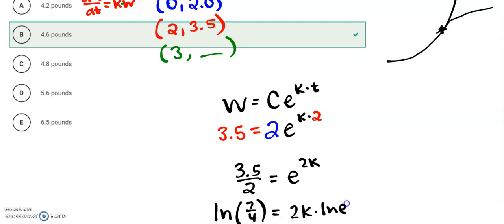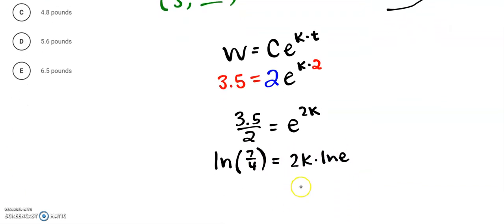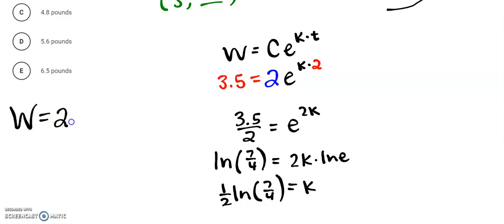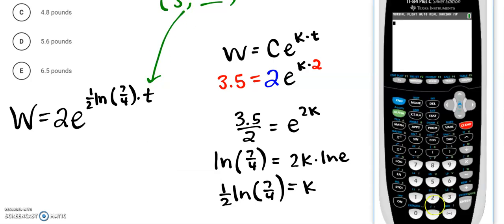2k times the natural log of e, which means that k is going to be equal to 1/2 the natural log of 7/4. So when I go back to my original equation, w equals 2e to the 1/2 natural log of 7/4 times t. And I want to plug in 3 for t. So let's go ahead and grab our calculator.